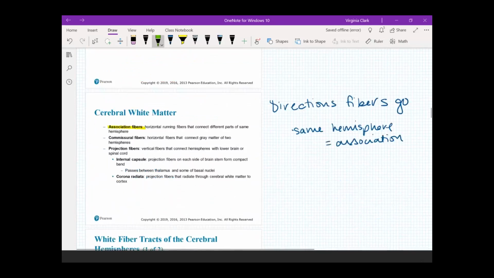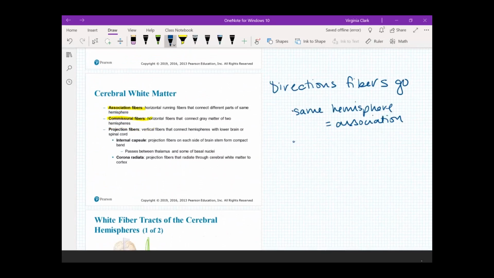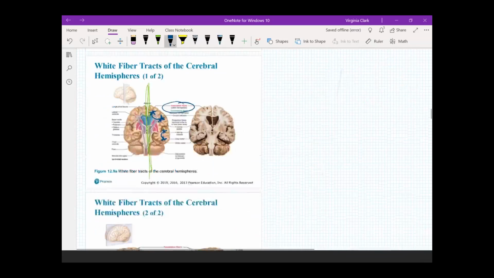Okay, the second one is going to be the commissural fibers. And these are going to be connecting the 2 hemispheres. So it's going to be going between the right and the left hemispheres. The big one here is going to be the corpus callosum, because that is running from the 2 sides.